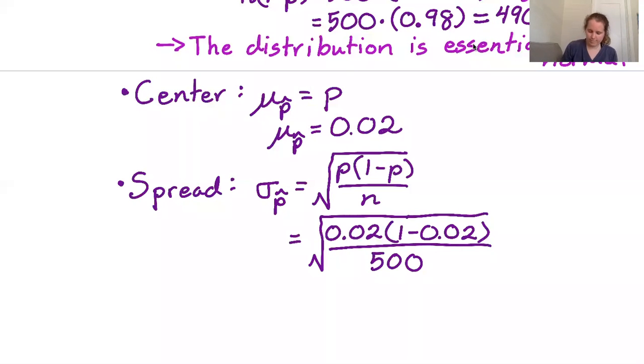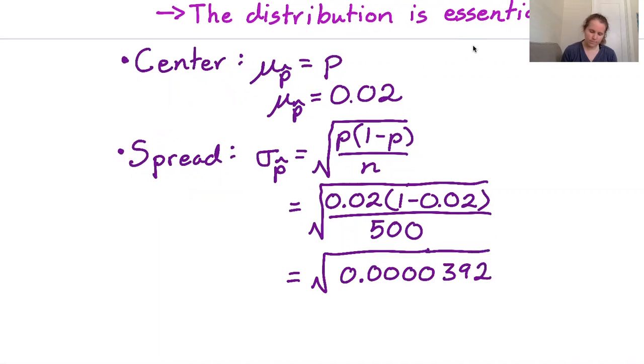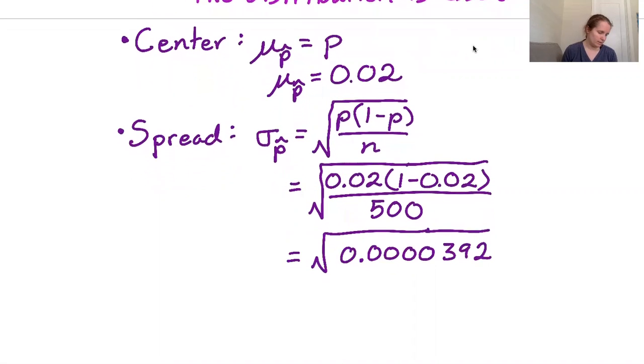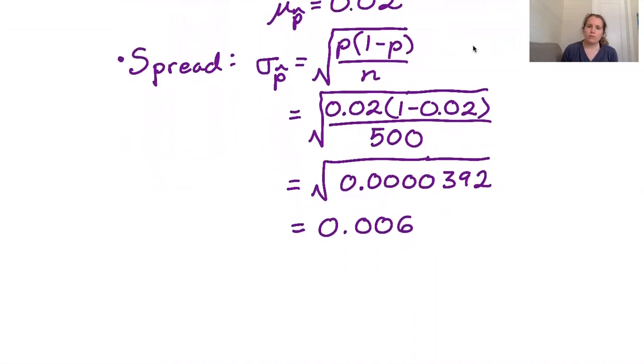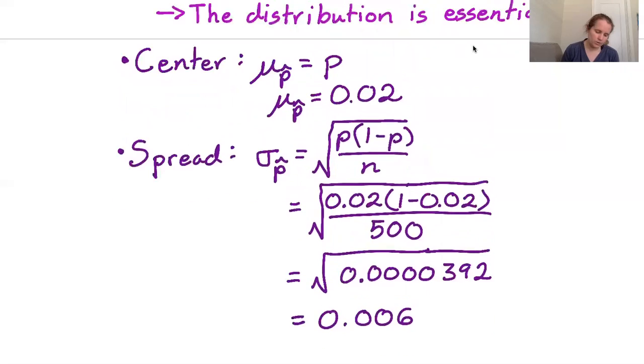If we plug this into our calculator, the inside of the square root becomes 0.000392. And then once we have taken that square root, we get approximately 0.006. From here, we have our shape, center, and spread of our sampling distribution.